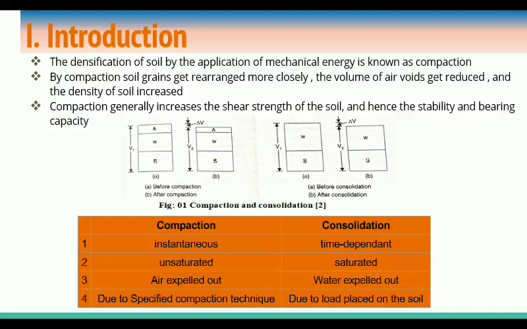And these are the specified compaction techniques. We do a lot of laboratory tests to perform compaction to improve the soil characteristics. In the case of consolidation, it occurs due to static loading, which can be due to the weight of a structure or weight of a building.